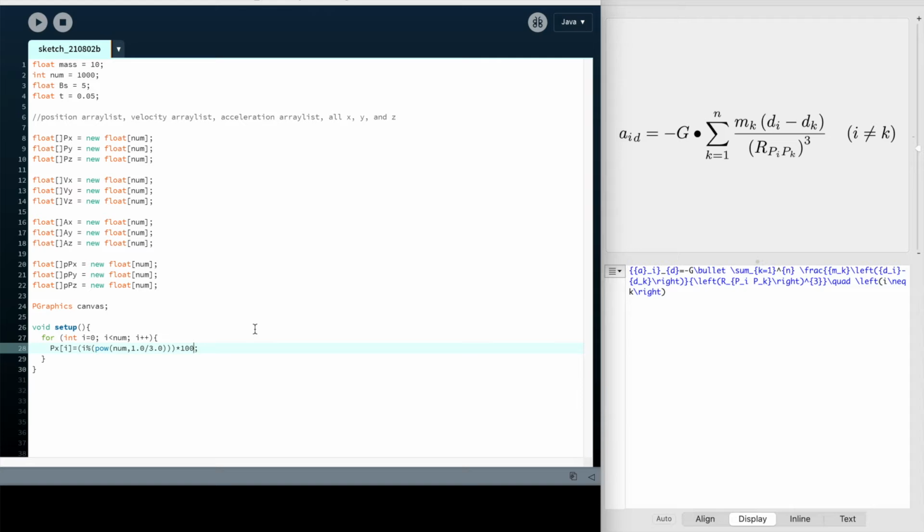That's going to be the way we get the evenly arranged objects. So I'm going to have minus 100 times the power of num and 1.0 divided by 3.0, which gives me 10, and I'm going to have to get 9, so minus 1, and that way I'm going to get a value of 450.